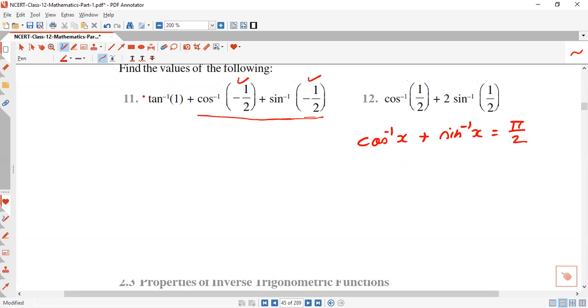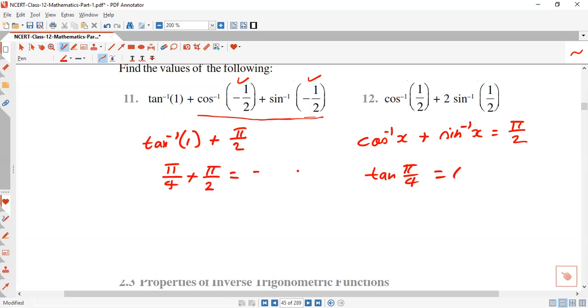So this value becomes pi by 2. Tan inverse 1, you know tan inverse 1. First you see this one, tan inverse 1. So we have this tan inverse 1 plus this becomes pi by 2. Tan inverse 1 means, you know, tan pi by 4 equals 1. So tan inverse 1 is pi by 4. Pi by 4 plus pi by 2.